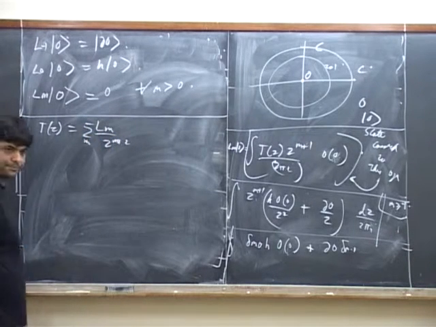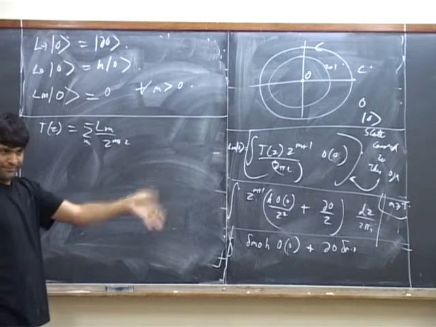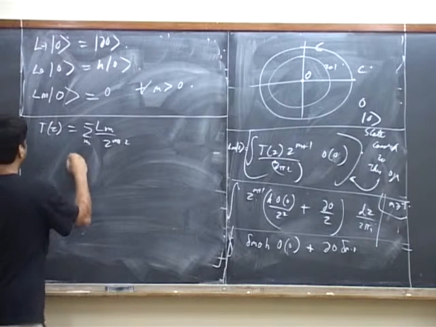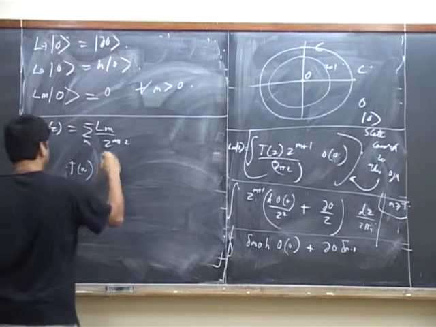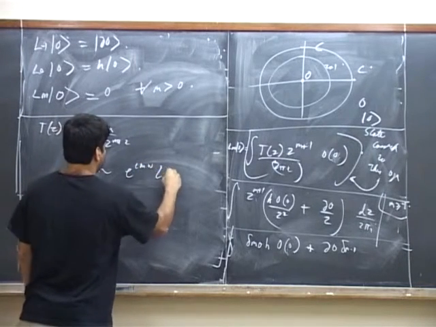This plus 2 was taken away by the conformal transformation business, and we got T(w), which up to some shift was the sum of e to the power i n w times Ln.